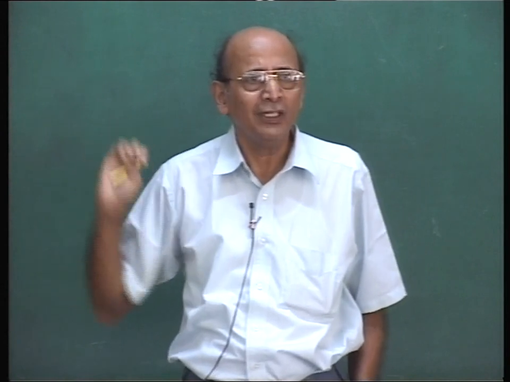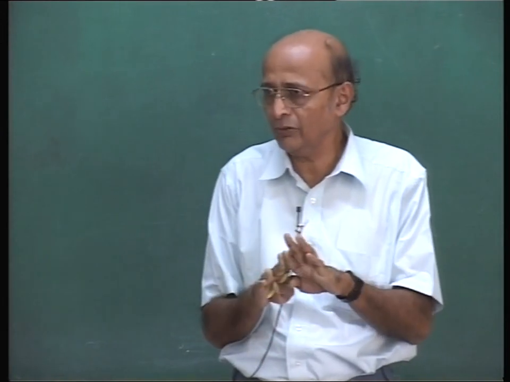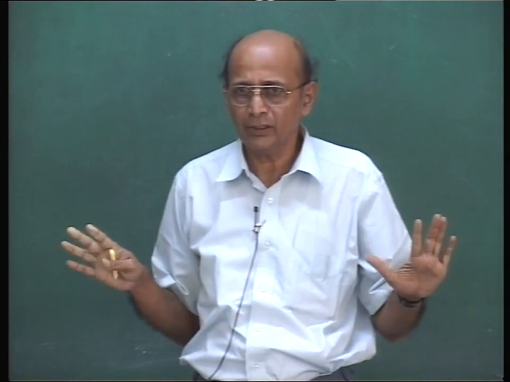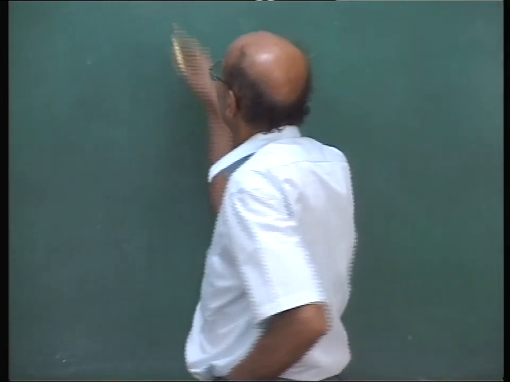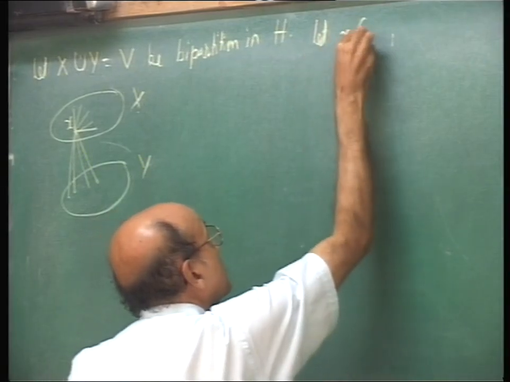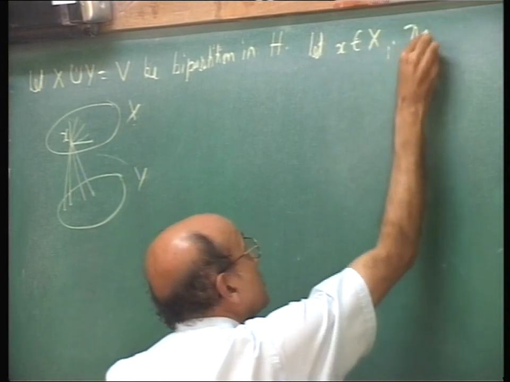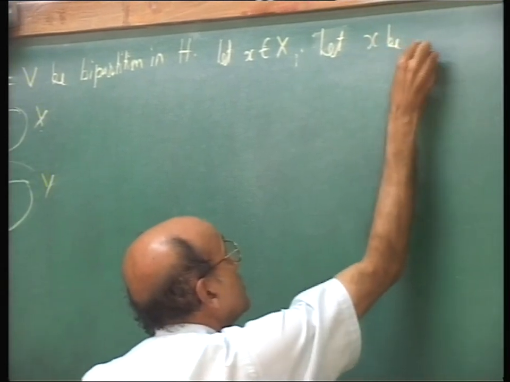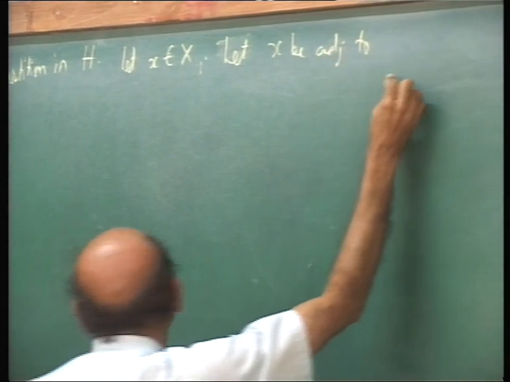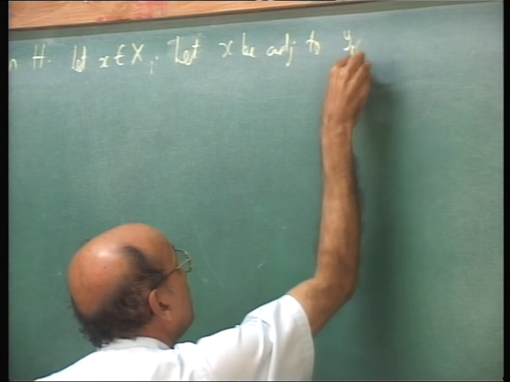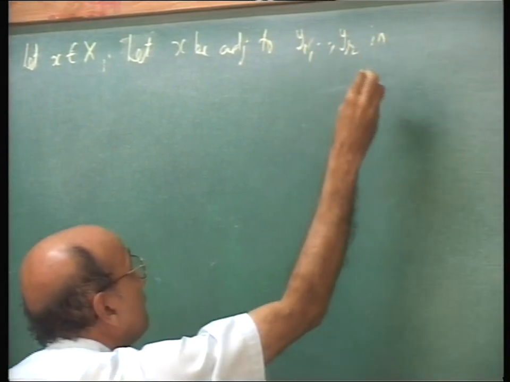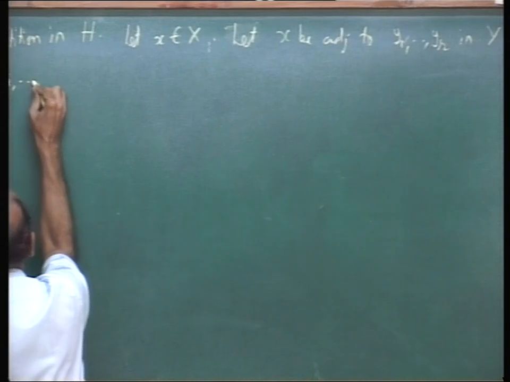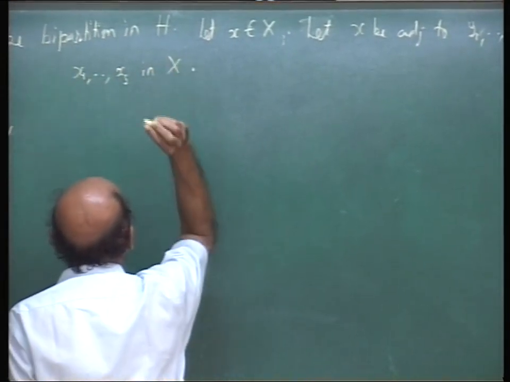Just arbitrarily, first of all, partition the vertex set of the graph into 2 parts, X and Y, randomly. Let x be a vertex with R neighbors in its own part and S neighbors in the other part.